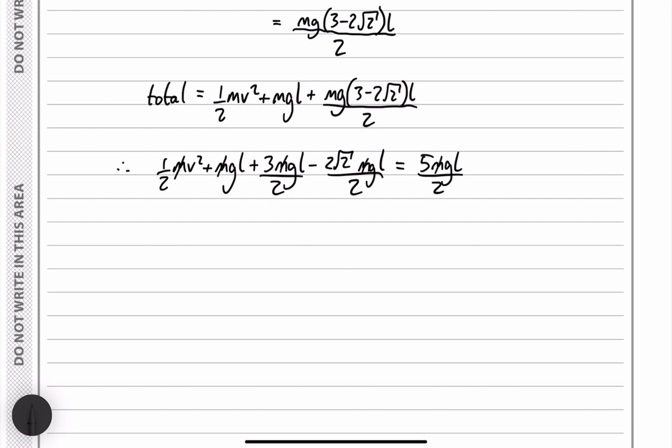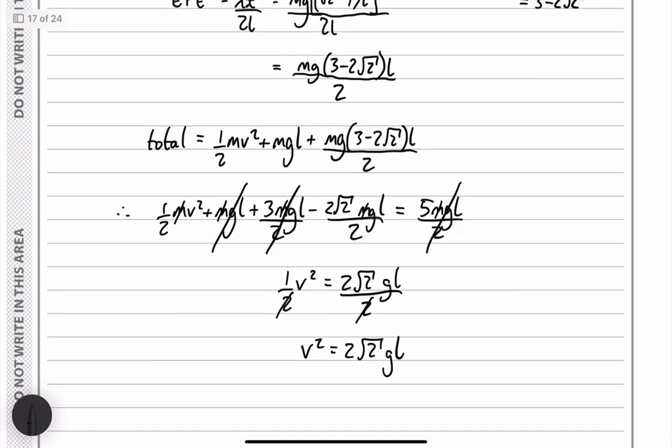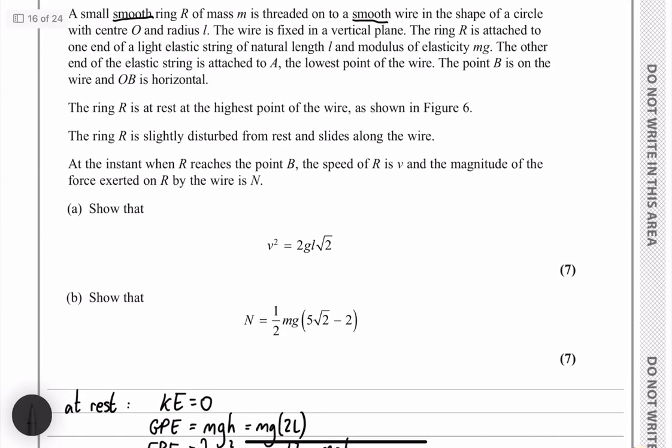And then we've got lg plus 3 over 2 lg, that's 5 over 2 lg, so actually this whole term cancels with these two. So we end up with a half v squared is equal to 2 root 2 gL over 2. Now the halves can cancel, and we end up with v squared is equal to 2 root 2 gL, which hopefully is 2gL root 2, yes.